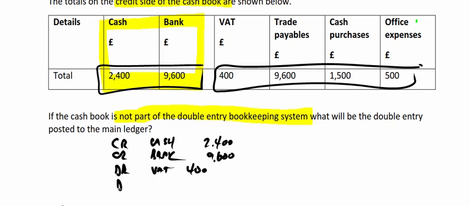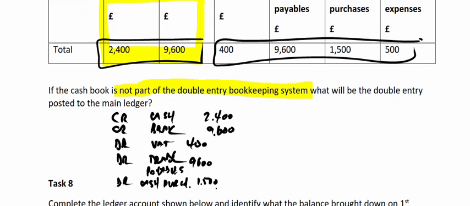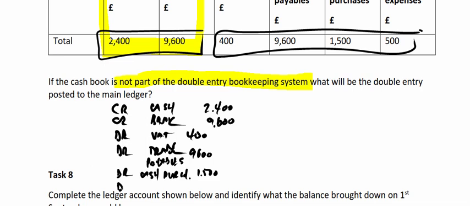We'll have a debit to trade payables of 9,600. We'll have a debit to cash purchases for 1,500, and then a debit to office expenses. You see the way that the cash purchases and the office expenses are both debits because they are expenses.